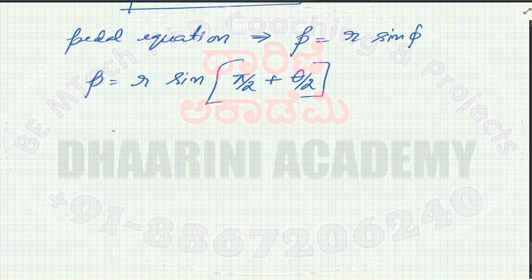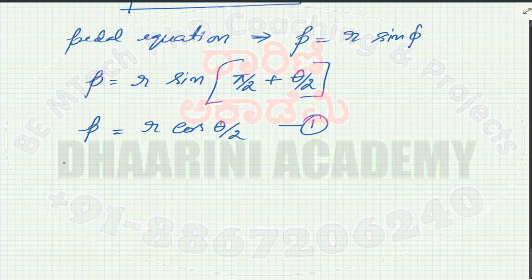Once you have sine of 90 plus theta, that is cos theta. So this is saying that P is equal to R into cos theta by 2. Correct? R cos theta by 2.